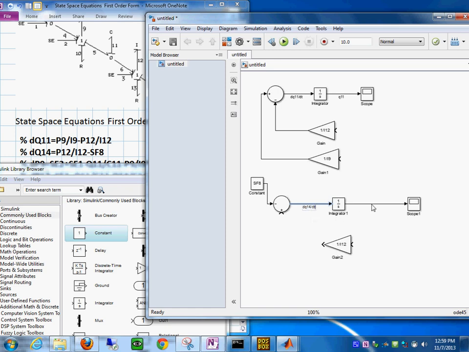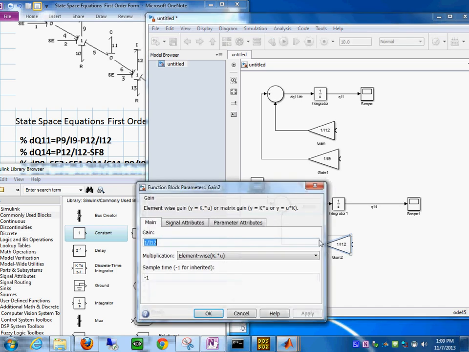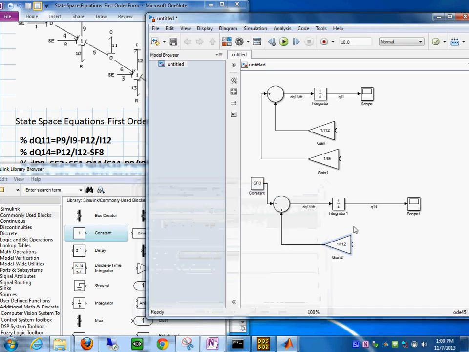And then this one right here is going to be q14. Very good. And then this would be p sub 12 over I sub 12. So we'll go 1 over I sub 12, and yeah. So that's it. So we have built the second equation.